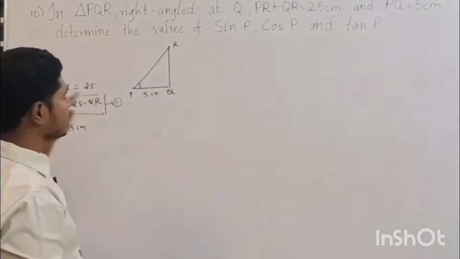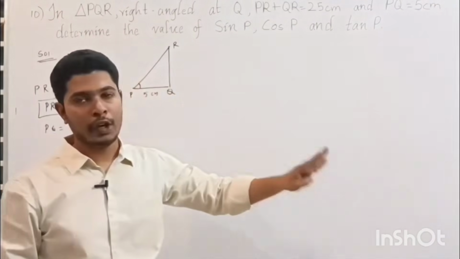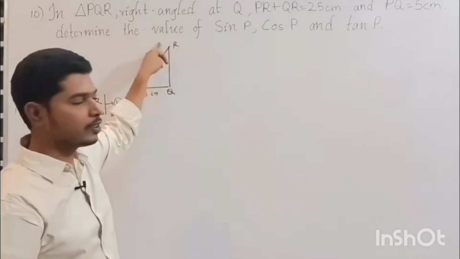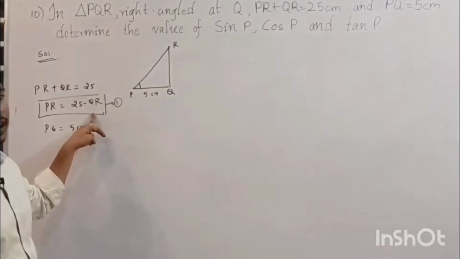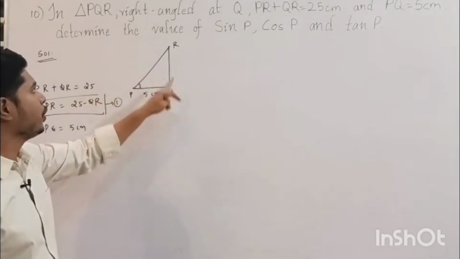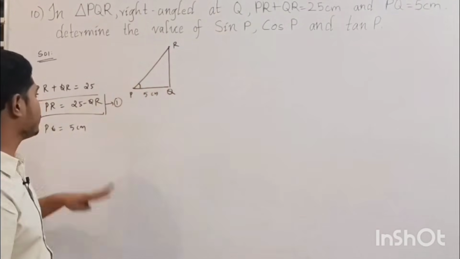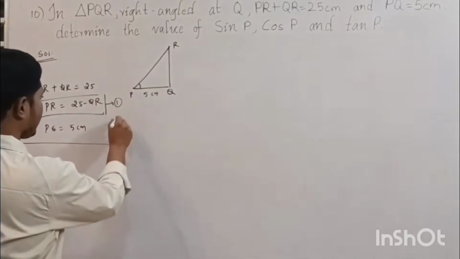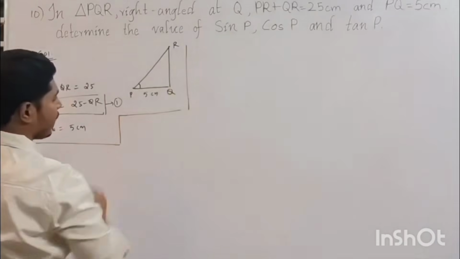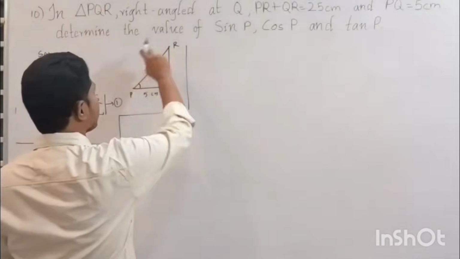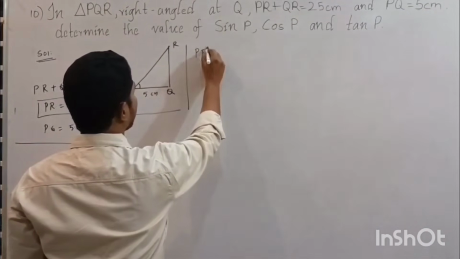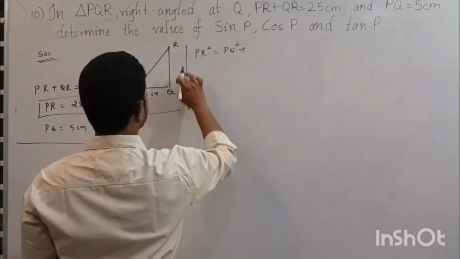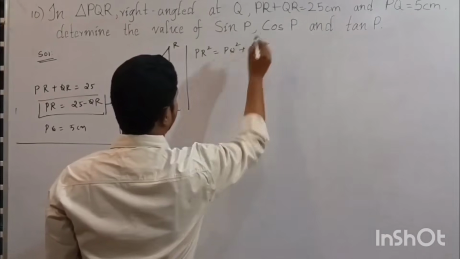To find sin P, cos P, tan P, we have to know the opposite and we have to know the hypotenuse. With the help of this hint, we are going to solve these two. That is QR and PR, we are going to solve with the help of this small equation. We already know the Pythagoras theorem says that PR square is equal to PQ square plus QR square.